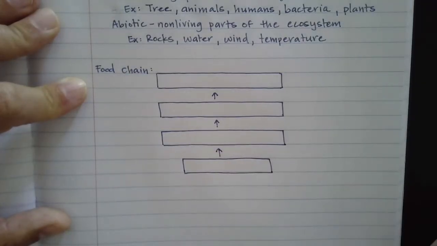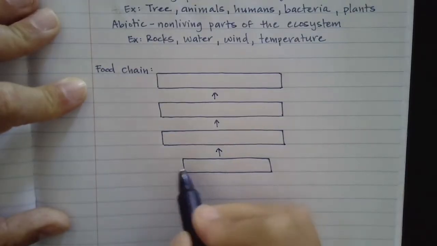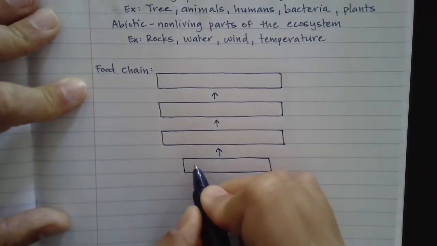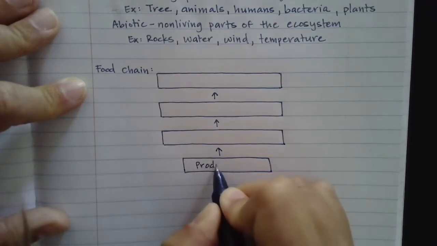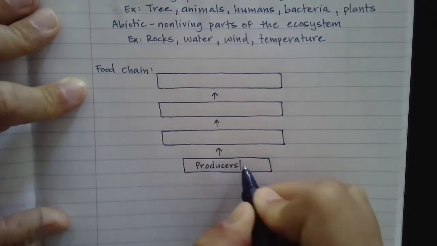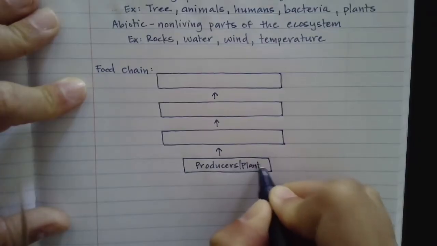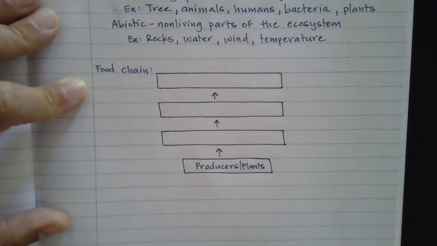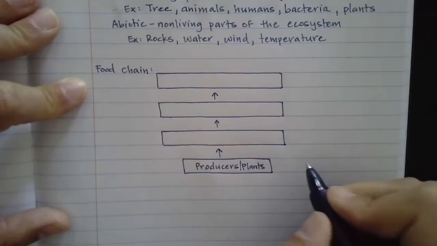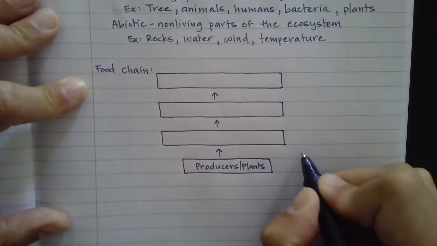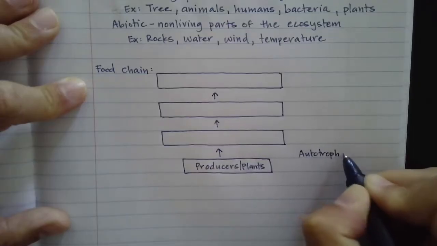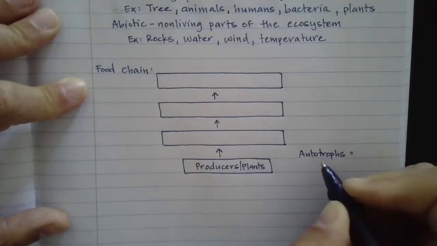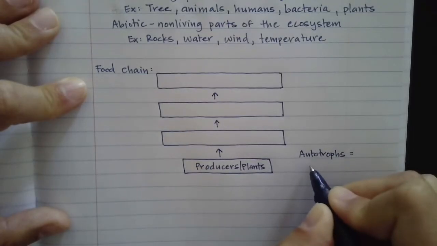All right, so at the very bottom of a food chain, we're going to have our producers, or our plants. These are called autotrophs. And autotrophs are things that make their own food.